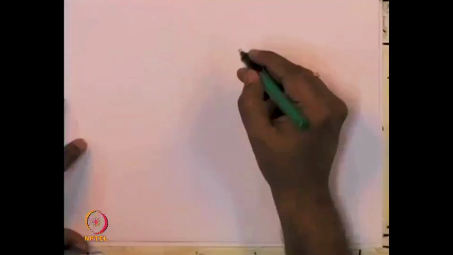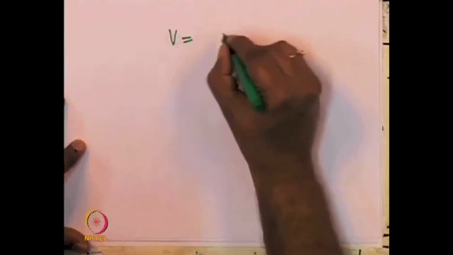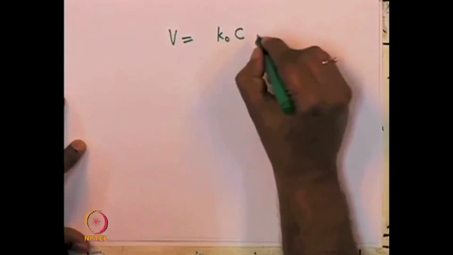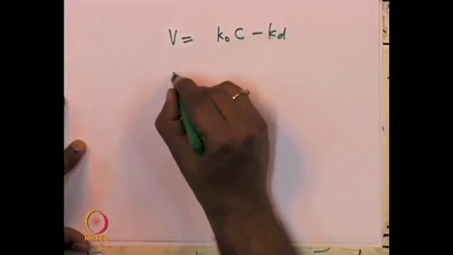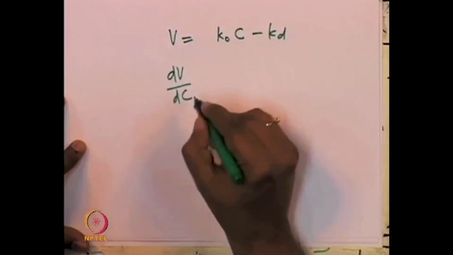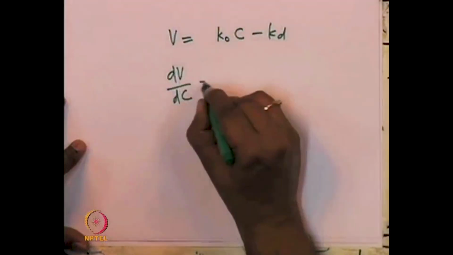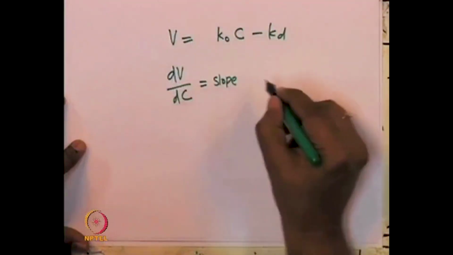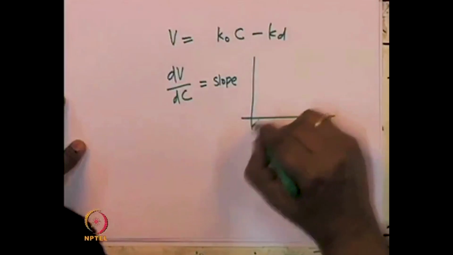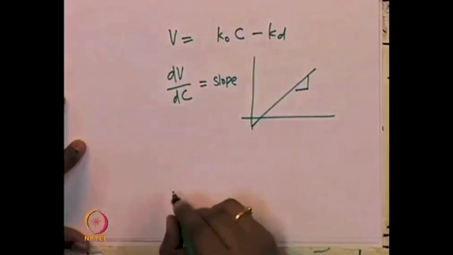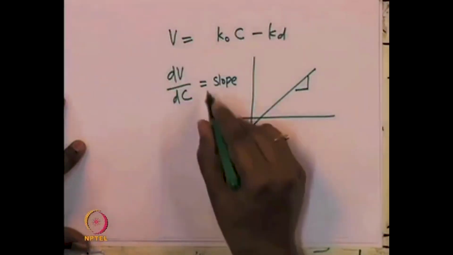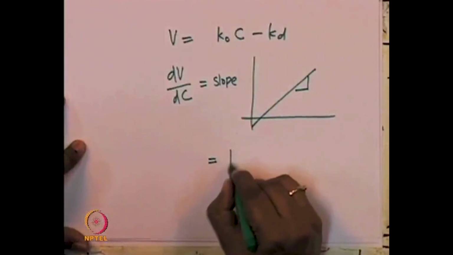Now, once you understand this much, what did we learn? What are the bottom lines? The bottom line is velocity is K0 times C minus Kd, and dV by dC, that is the change in velocity when you change the concentration, is nothing but the slope of this curve, and the slope is nothing but K0.